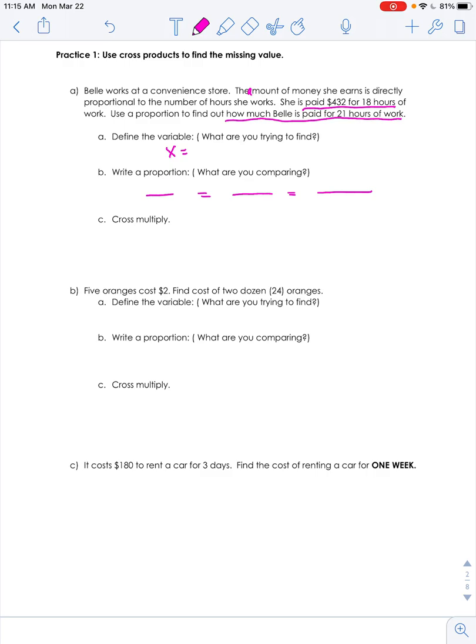All right, so what are we trying to find? We're trying to find how much money Belle makes. Okay, so the two things we're comparing is money and then hours worked. So she's getting paid $432 for 18 hours of work. We don't know how much she is getting paid for 21 hours of work.